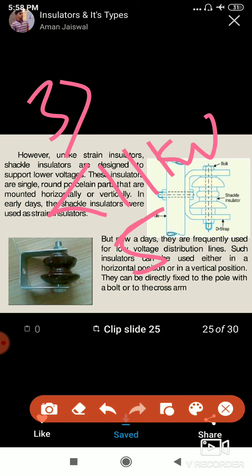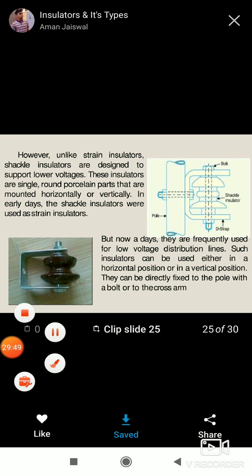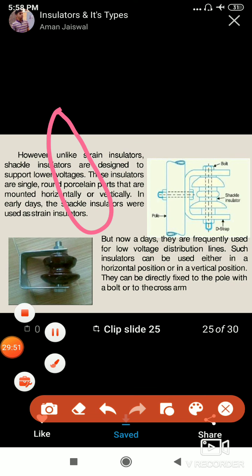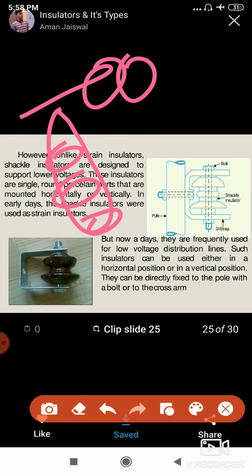So we can call it a shackle insulator. We discussed the shackle insulator. If the voltage is greater, it will be like a suspension type insulator, but we place it vertically, not horizontally. Suspension type insulator you place horizontally, the same thing as strain type insulator you place vertically.